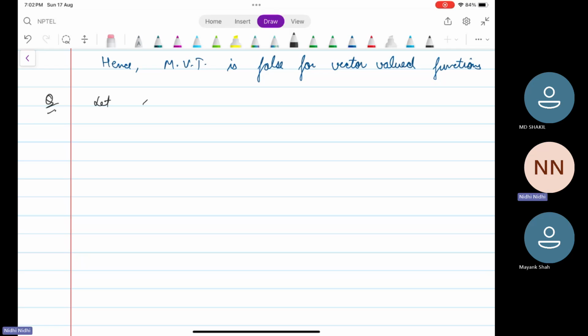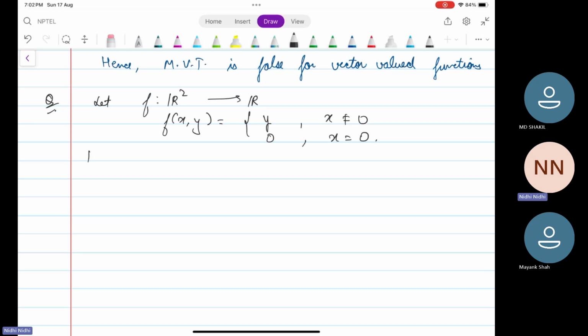Sure. Let f from R2 to R be defined as f(x,y) equal to y when x is non-zero, and 0 when x is 0.